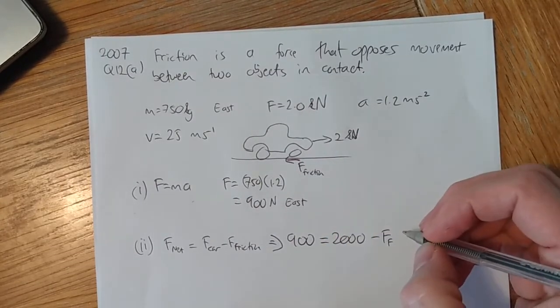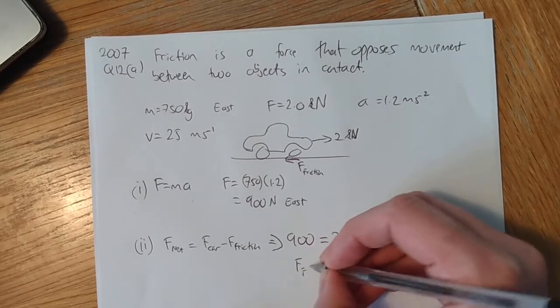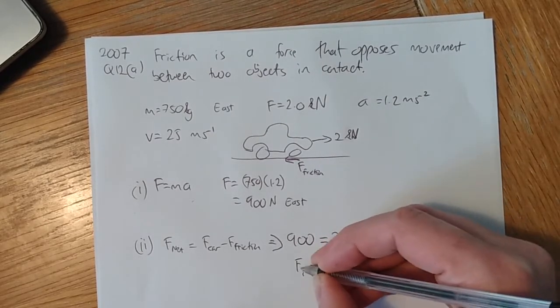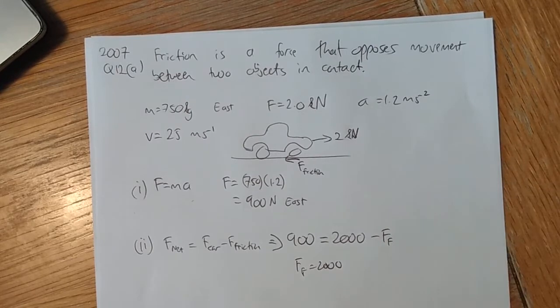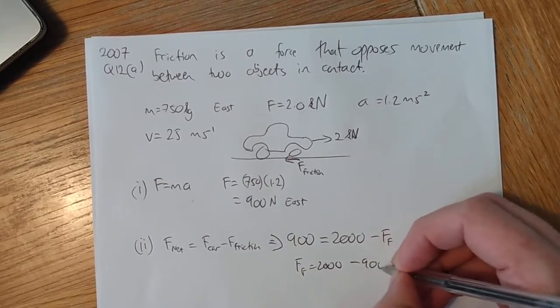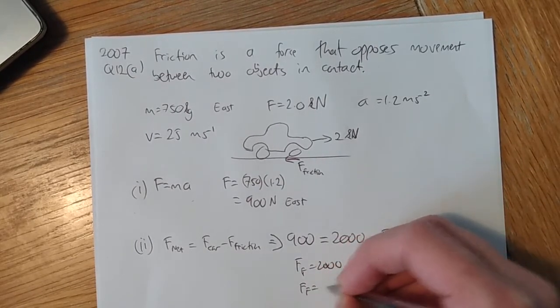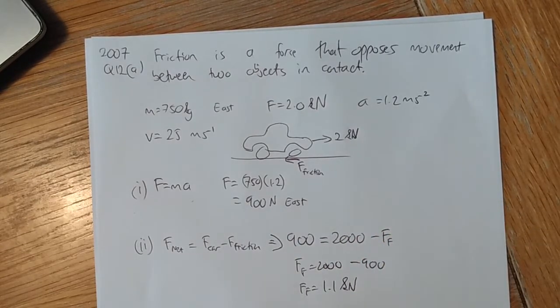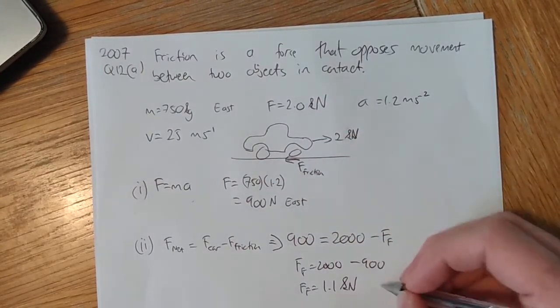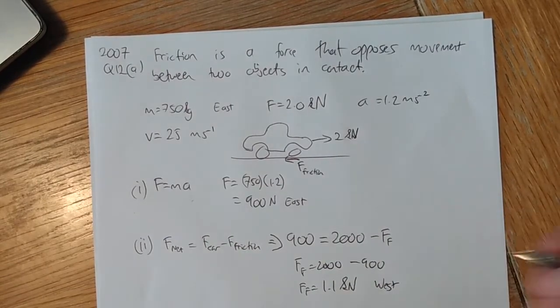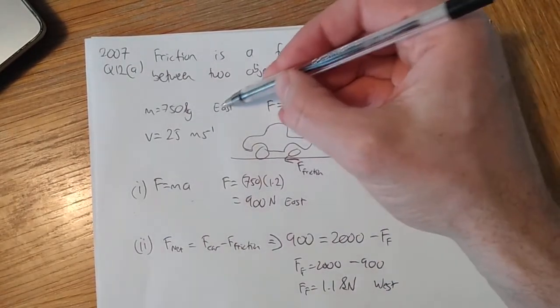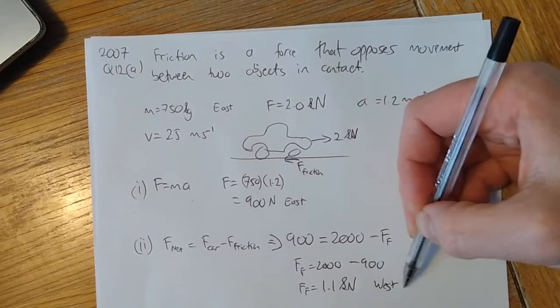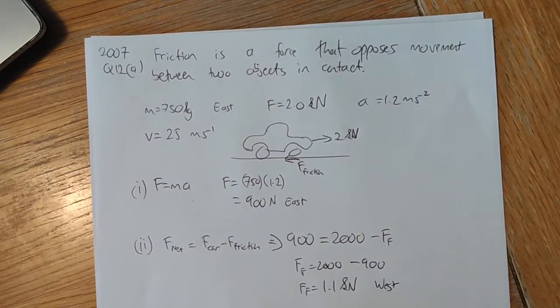So the force due to friction is 2000 minus the 900. So the force due to friction is 1.1 kilonewtons, or 1100 newtons in the opposite direction. Normally, if you weren't told it was going east, you would just say in the opposite direction to the car.